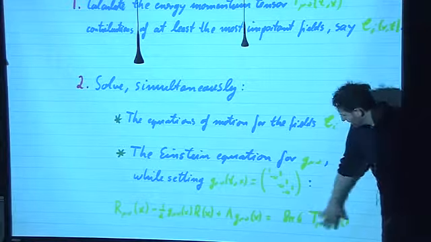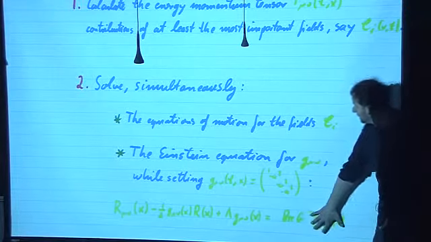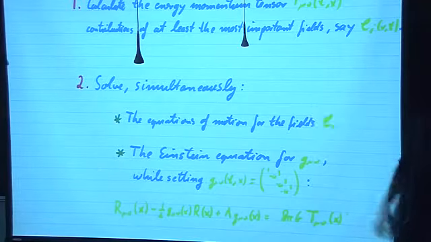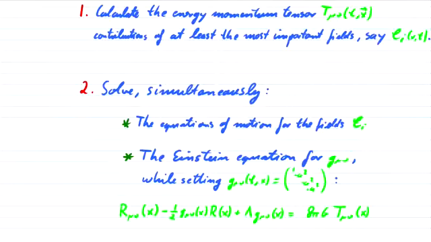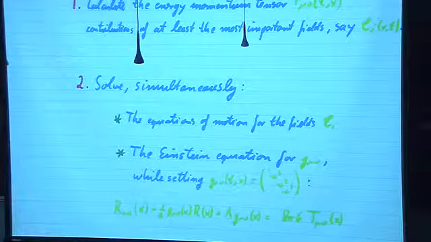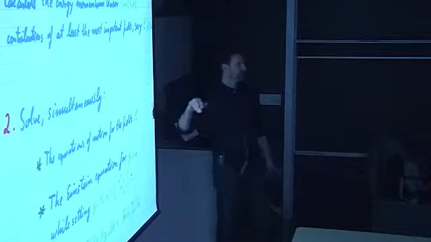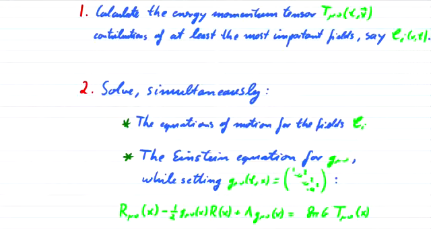And the right-hand side has the energy momentum tensor that we just expressed in terms of the fields. So the goal is to solve the Einstein equation and all the equations of motion of all the matter and radiation fields. In cosmology, remember, radiation is not considered separate from matter. Even radiation is considered matter. Everything that's not gravity is considered matter.